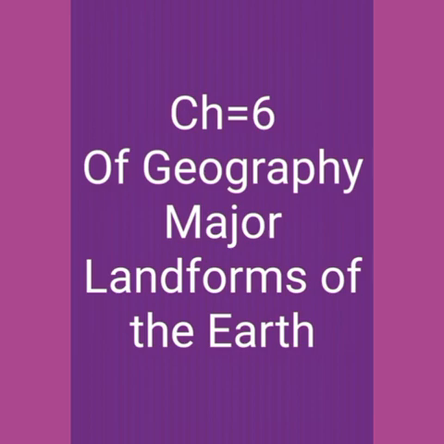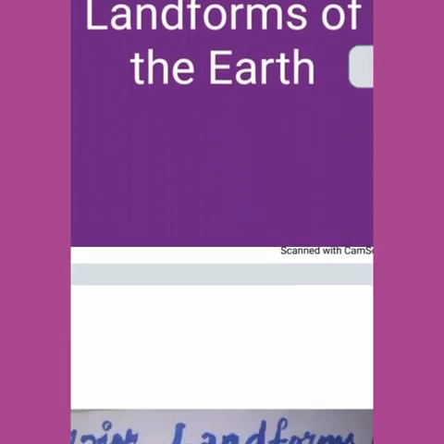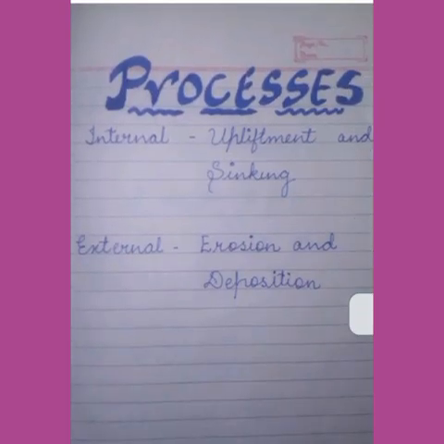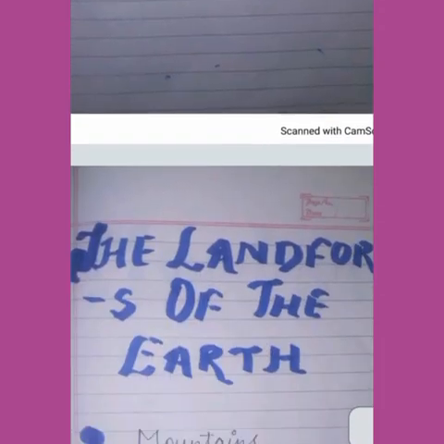So in the previous video, we read about the internal and external processes: the forces acting from within the earth and the forces acting on the earth's surface. After that, we read about the origins of the mountains.